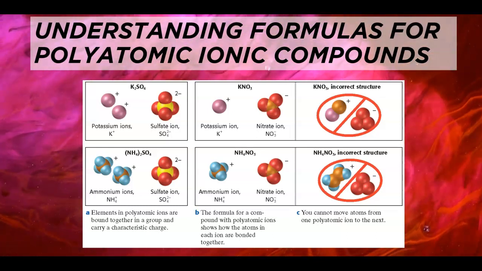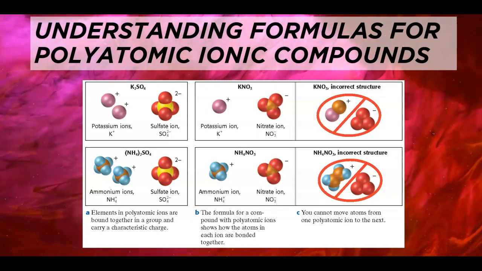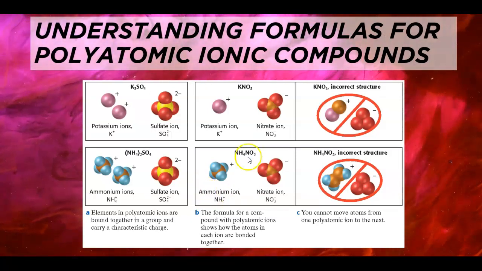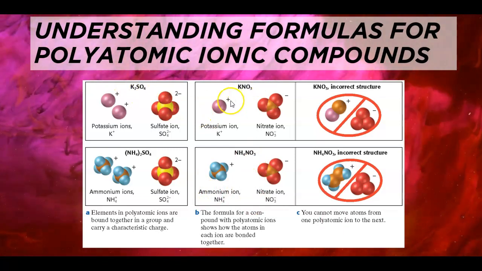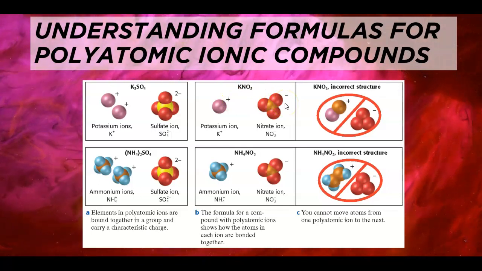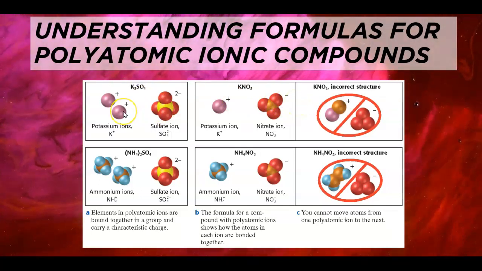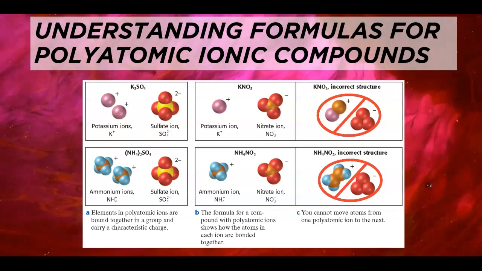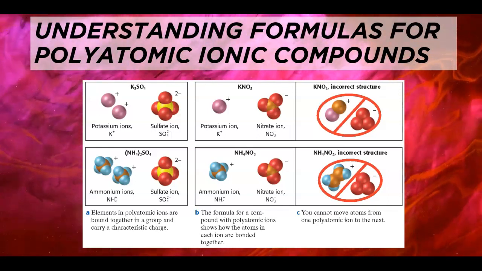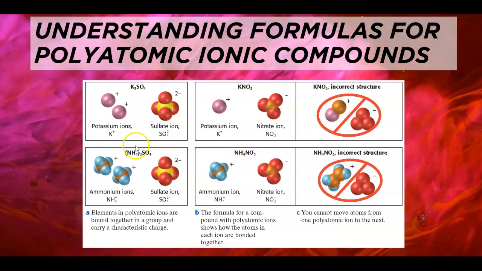See some other examples involving polyatomic ions here. Potassium sulfate would be K2SO4. Potassium nitrate, it's a plus and a minus, so it's KNO3. Notice that the ions are not moving from one polyatomic ion to the next. They still form their own identity.